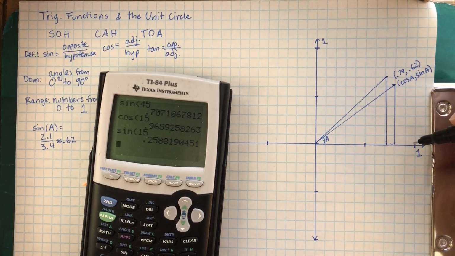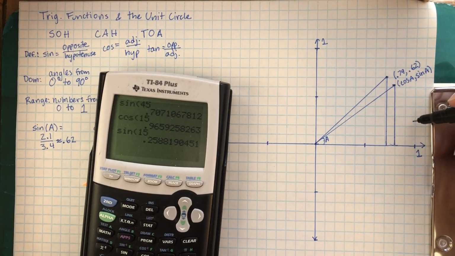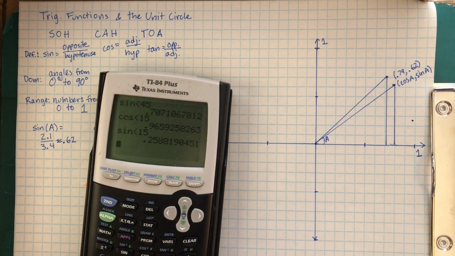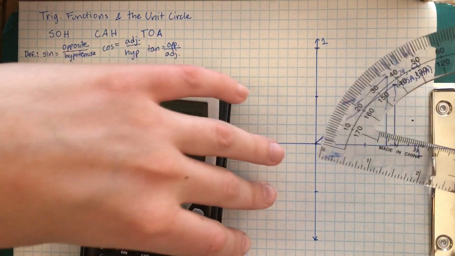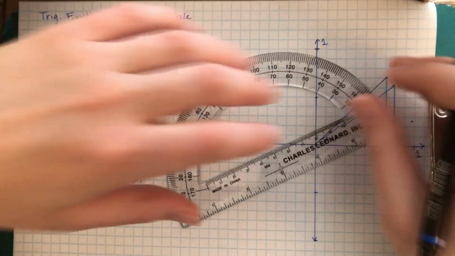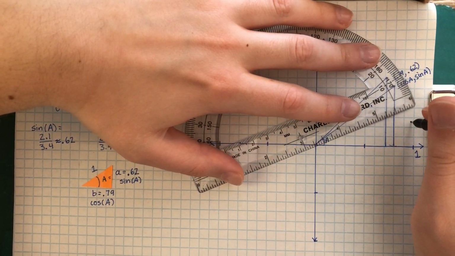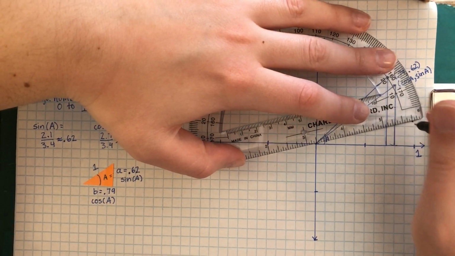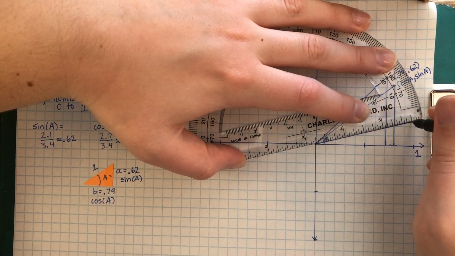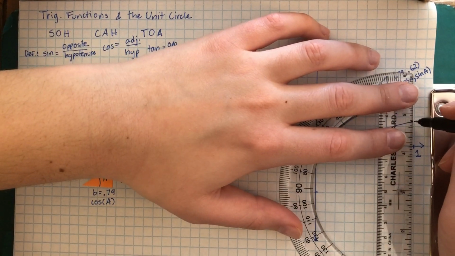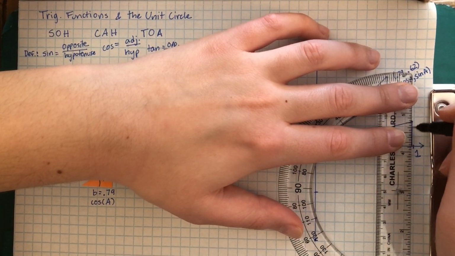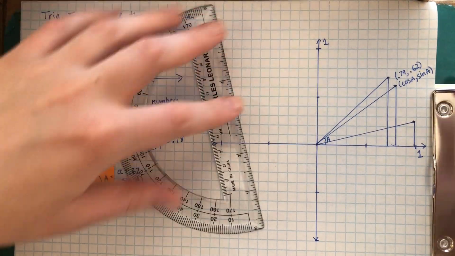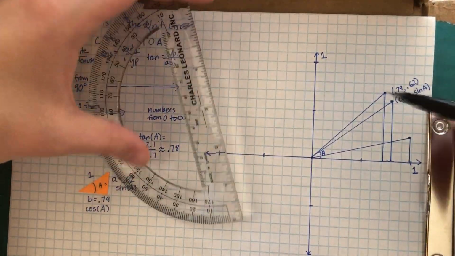So I'm going to go to 0.97, that's almost a 1, and then 0.26, that's going to be right about here. So this should be a triangle where the angle is 15 degrees.